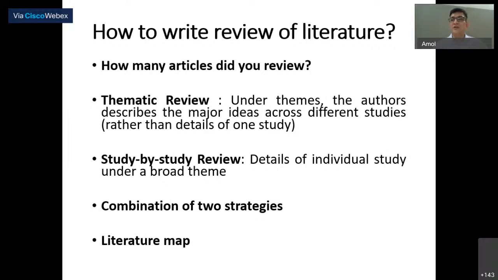At the end, try to draw the map of the concepts, right? And link them. This is called a literature map. A literature map tells you what is studied where and helps you identify the gaps in the literature through a kind of visualization. And you can call this a conceptual framework.